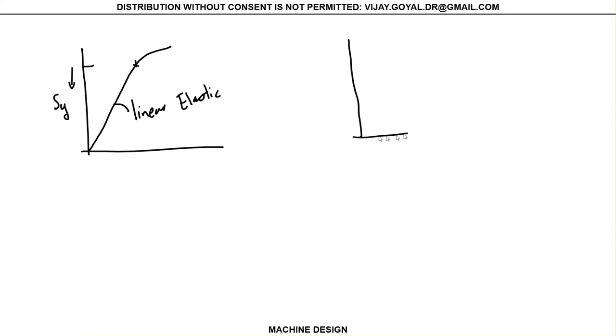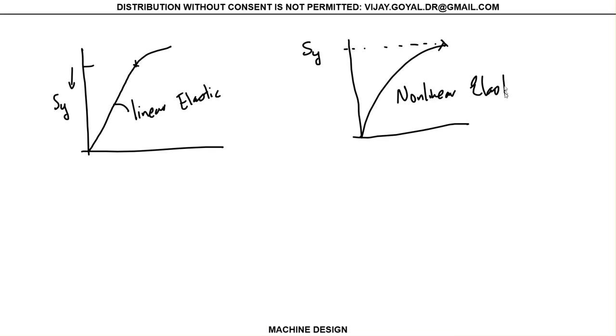Now, you also can have nonlinear elastic. Could be a good case where this is still the corresponding yield. So this is nonlinear elastic. And materials like aluminum or steel especially, they tend to have a curve that looks something like this.